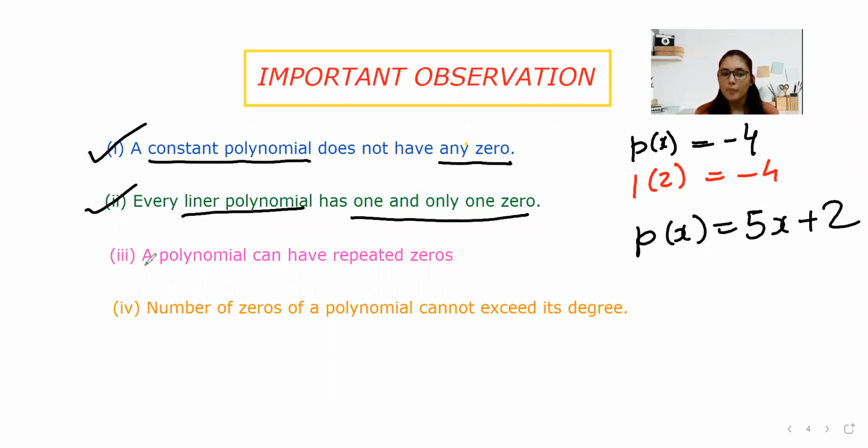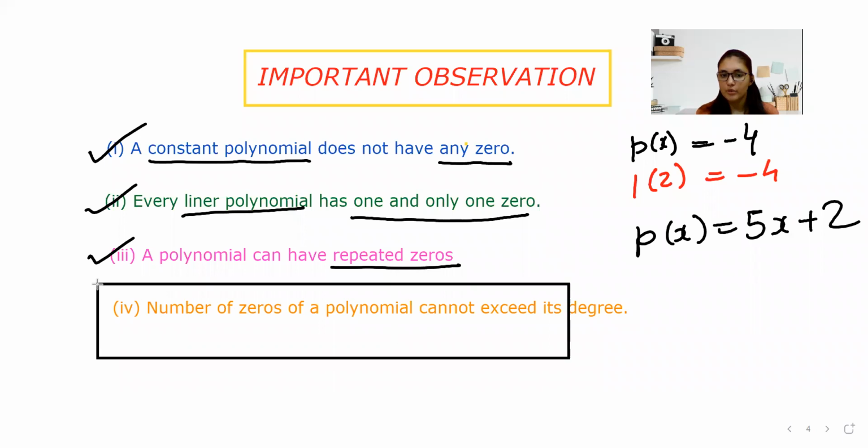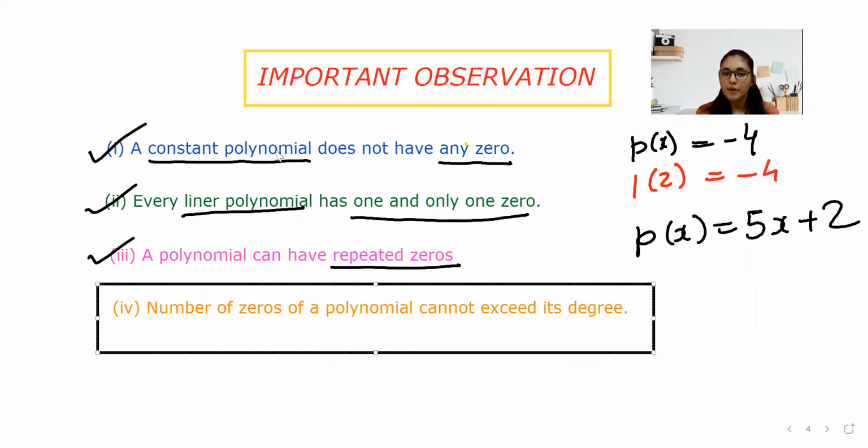Okay. So a polynomial can have repeated zeros. It may be a case that you are getting 2 zeros of a polynomial, but those 2 zeros are the same. They will hold the same value. It is possible. But the most important point is the fourth one, that the number of zeros of a polynomial cannot exceed its degree.